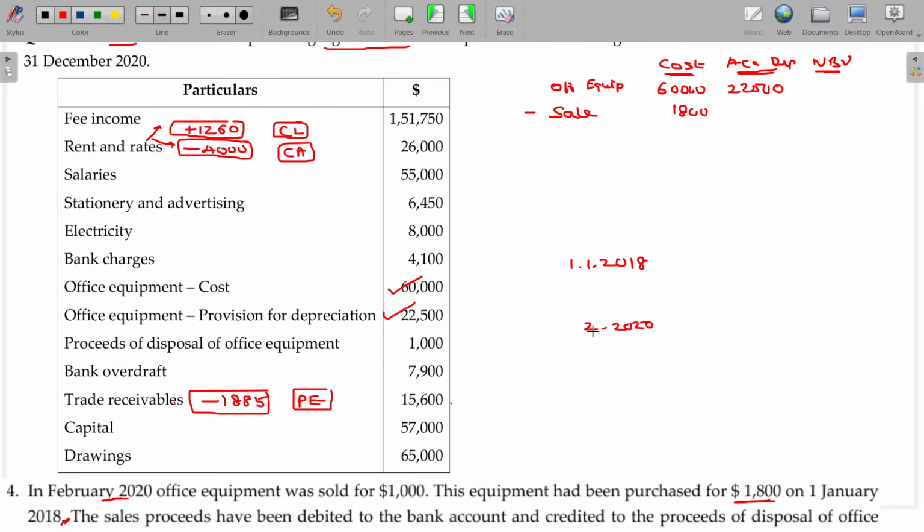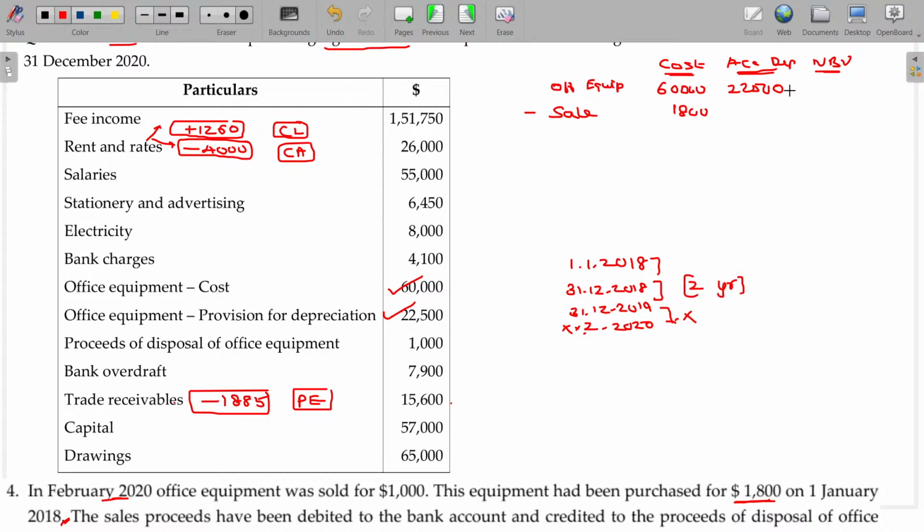February 2020. So the first year ends on 31st December 2018. Second year ends on 31st December 2019. This is part of the year. Usually in the year of sale, we don't provide any depreciation. For this sold asset, we already used it for 2 years, right? So we might have created 2 years depreciation in accumulated depreciation.